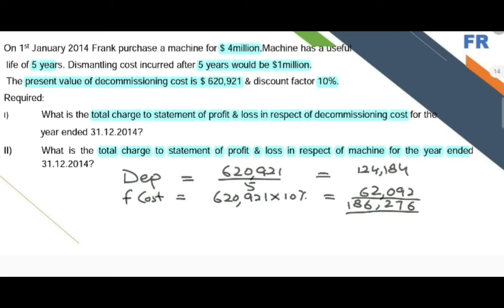So in respect of the machine, you have to calculate the value as the above cost 1,86,276 plus depreciation on the original cost of the asset, which is 4 million. So it will be 8 lakh. And now the total cost that should have been recorded with respect to the machine is 9,86,276.